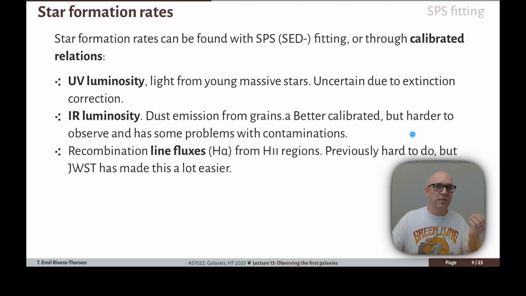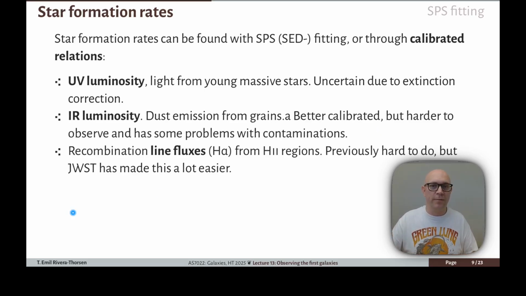So this is, of course, more reliable if we have a cluster that is buried deep in big, thick clouds of gas and dust. And it's also better calibrated than UV luminosity, and it doesn't suffer from dust absorption, right? But it is harder to observe, and it has some other problems with various contaminations. But it's a different way you can do it.